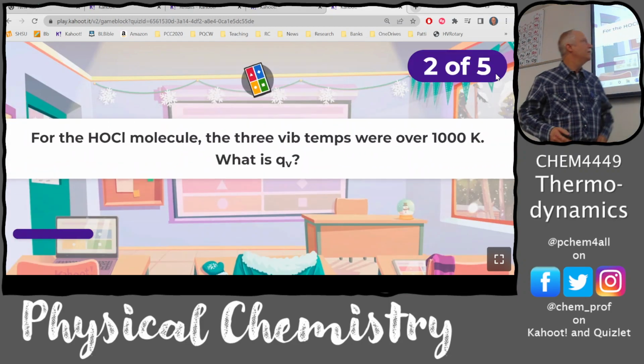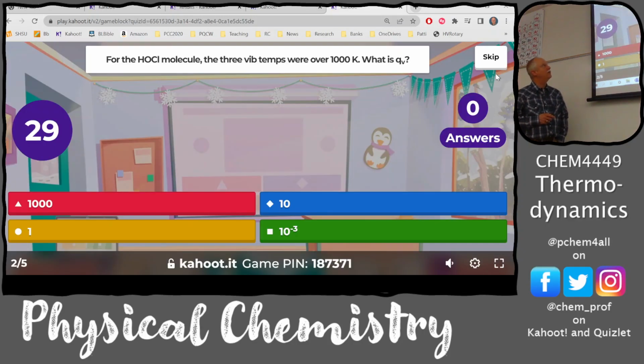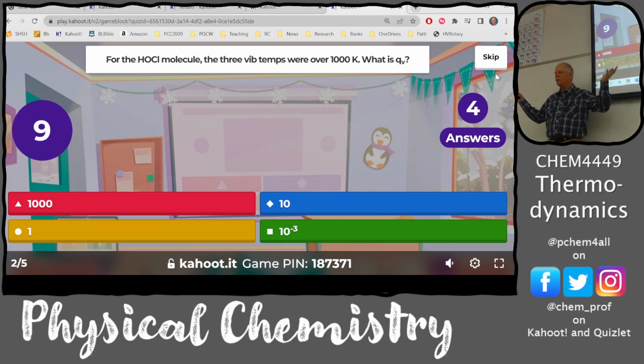Oh, good. I can use this. Go to the next one. For the HOCl molecule, the 3 vibrational temps were over 1,000 K. So what is Q vibrational? So if you didn't have time for your calculator, and you saw that the 3 vibrational temps were over 1,000 Kelvin and you're at room temperature, you had to pick a Q. What Q would you pick?